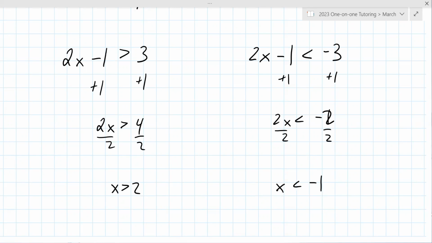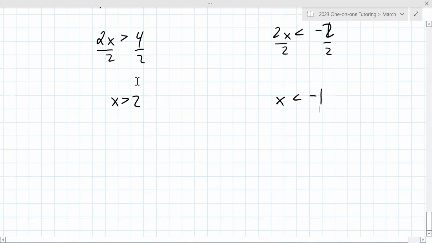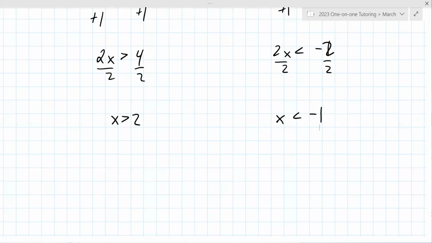All right, so let me come up with a slightly more difficult problem here. Actually, we didn't do enough of this. Yeah, we need a couple more of these. Okay, let me go find a few. I almost got that one wrong because I was like, it's 2x is greater than 4, and I was like, wait, no, you have to divide by 2. Yes, you have to get just x by itself.